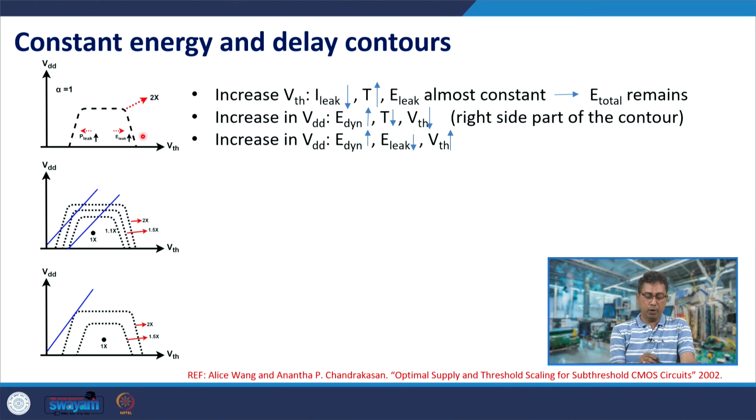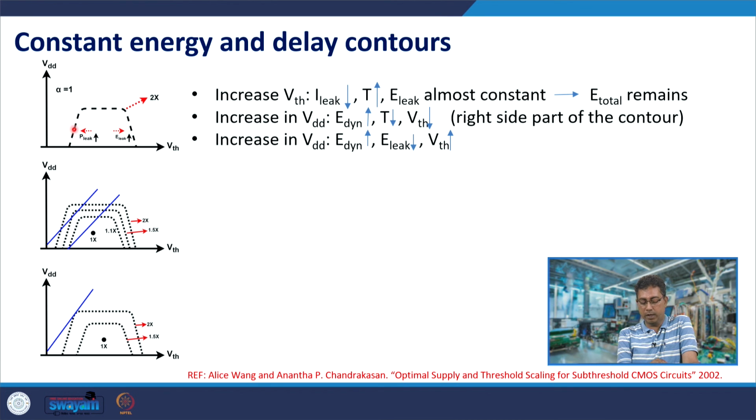So, you can find on this and this parts of the contour of equal energy. Minimum energy is somewhere here. This is equal energy, 2 times the minimum energy. So, here you find that with increase in threshold voltage, leakage current reduces, time period increases, I leak almost remains constant.